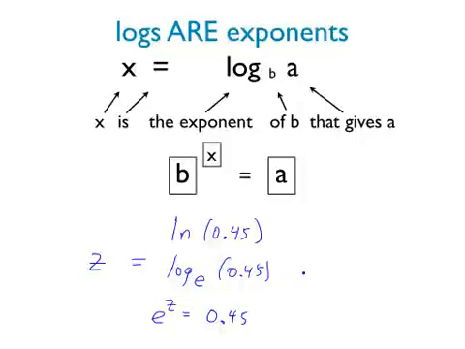Logs are exponents, okay? Just by looking at the numbers, you know exactly what exponent it is. All right, again, your calculator has that. What is it, negative what? 7.98. So e to the negative 7.98 is 0.45.